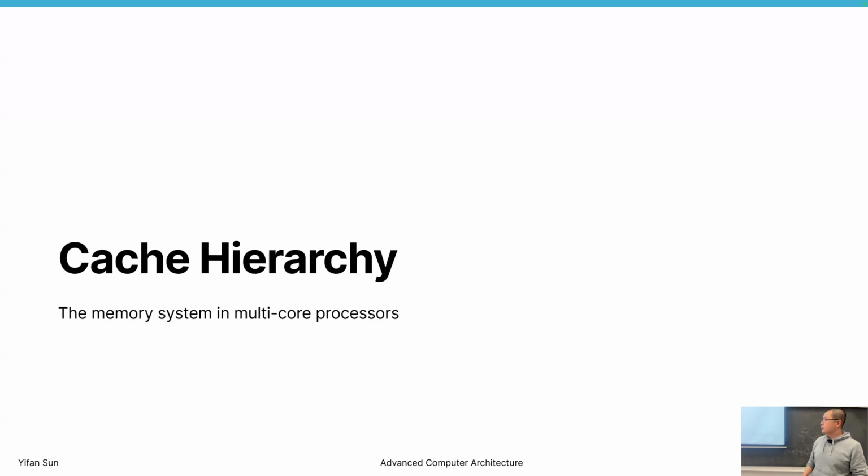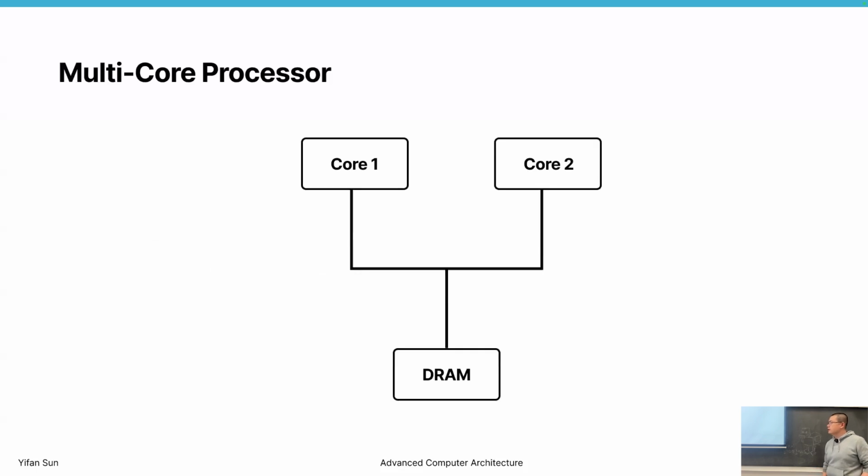Okay, so we start by talking about cache hierarchy. We talked about cache hierarchy in GPU architecture. At the beginning we talked about the core and the DRAM, right? But for cache coherency, we always talk about multi-core problems, or at least multiple caches at the same level.